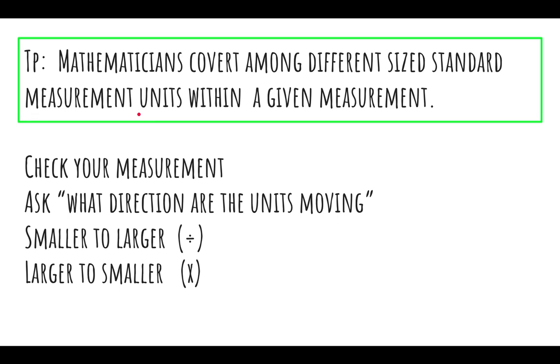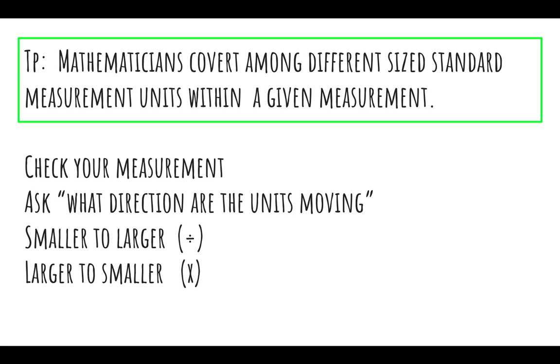Our teaching point for today is that mathematicians convert among different sized standard measurement units within a given measurement. How do we do this? We need to make sure that we check our measurements in our word problem or in any type of problem that we see. It could be a word problem or just an application problem.